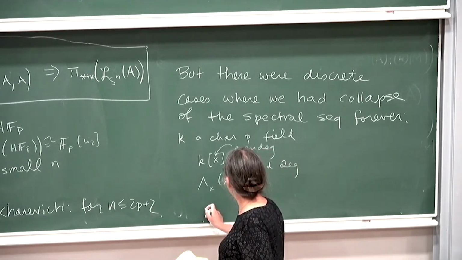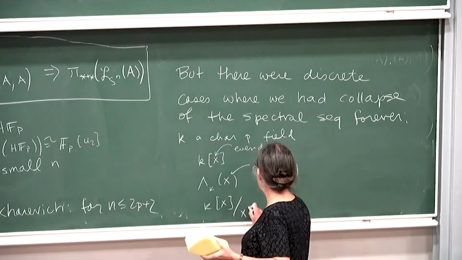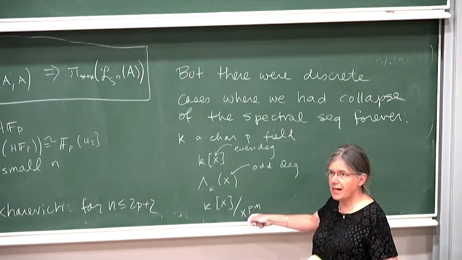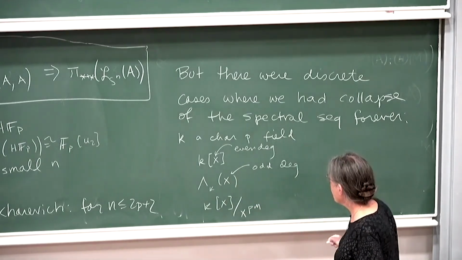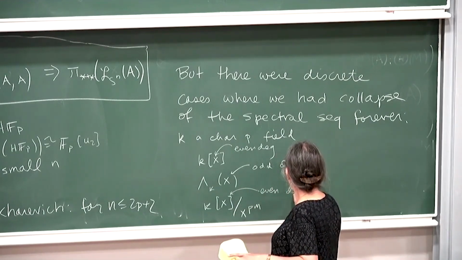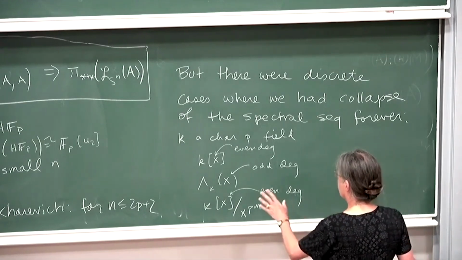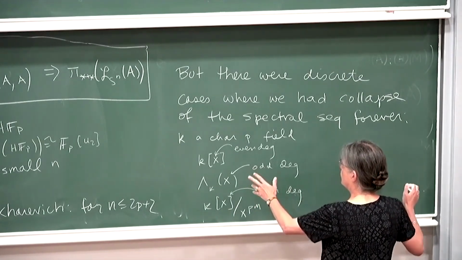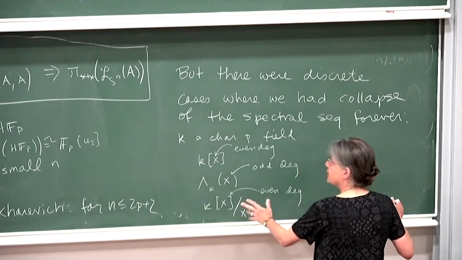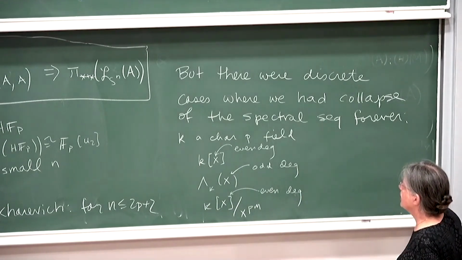And I can look at K[x] modulo x to some power divisible by p. It doesn't have to be, this p times m doesn't have to be a power. And this again has even degree. And if you want one level of collapse, in fact, you don't even need fields, and this could be just a ring, where p equals 0.